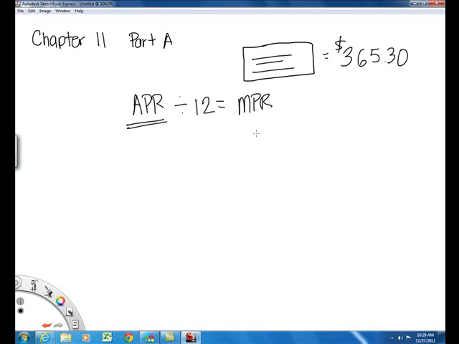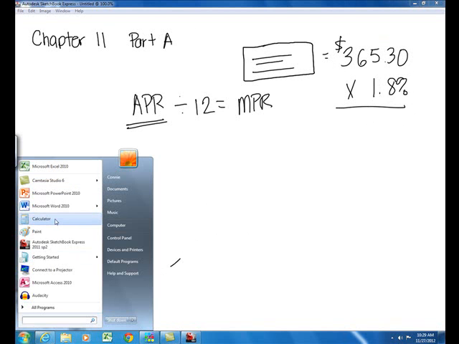On Part A, they've already given it to you as a monthly percentage rate, which is 1.8%. So in other words, you have a 1.8% charge on whatever your previous balance was. In this case, it's $365.30.